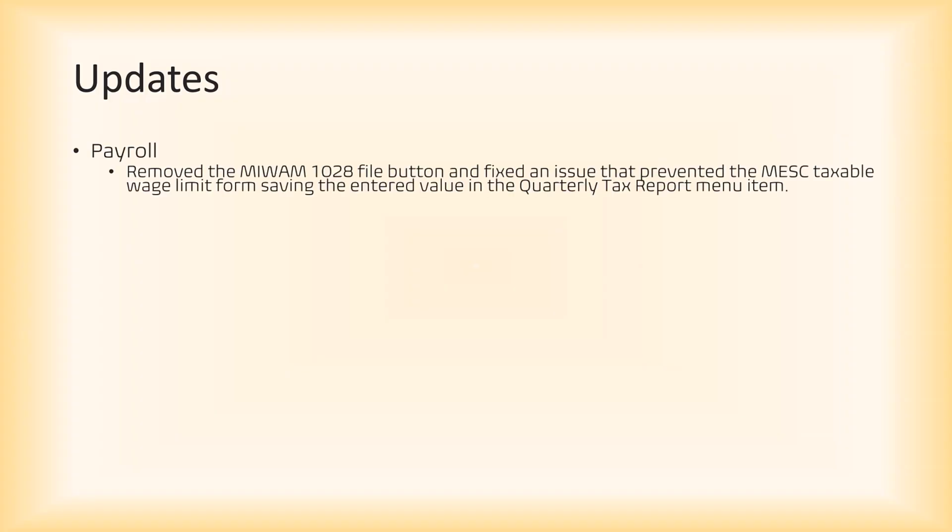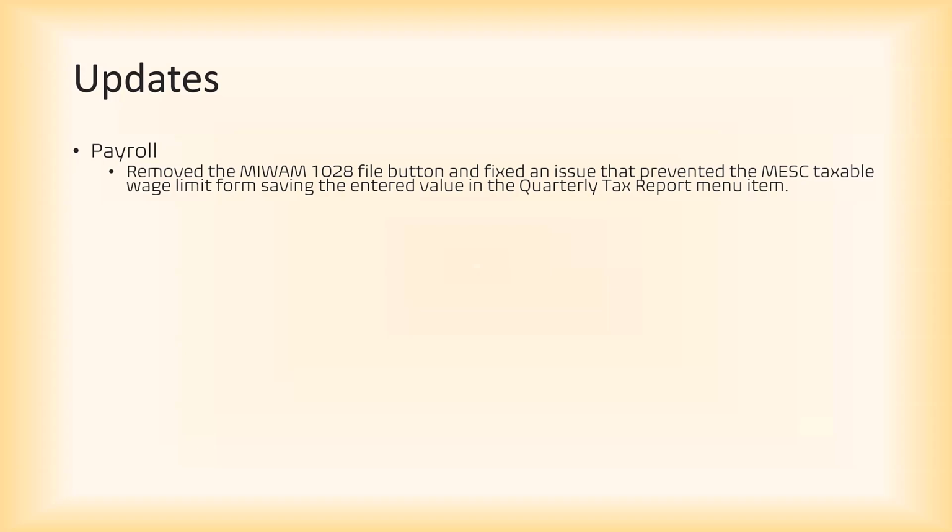So for payroll, we removed the MyWham 1028 file button and fixed an issue that prevented the MESC taxable wage limit form from saving the entered value in the quarterly tax report menu item. So now when you go to file your state taxes and you choose Michigan as your state tax, you will no longer see the MyWham 1028 file button.